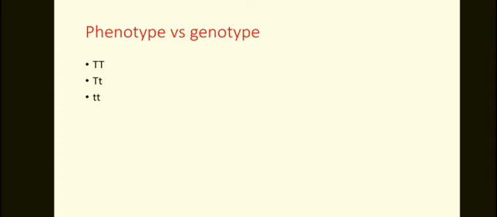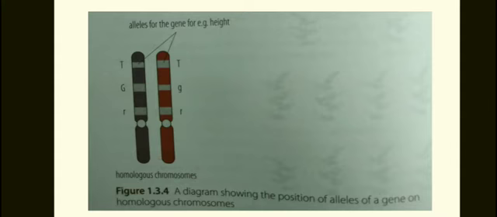The one in the middle, one capital letter and another one a small letter, genotype. The last one, both of them small letters, lowercase, genotype. Don't forget about this. We're going to mention it again.